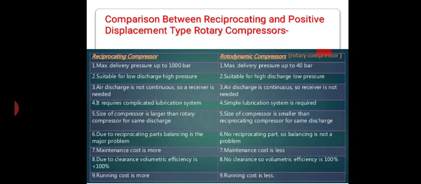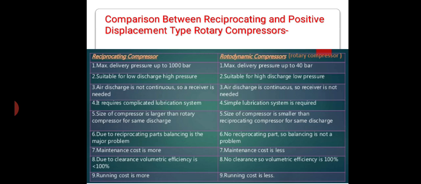Reciprocating compressors are suitable for low discharge and high pressure, and rotary compressors are suitable for high discharge and low pressure. Air discharge is not continuous, so a receiver is needed in the reciprocating compressor, but in the rotary compressor air discharge is continuous. This is the main advantage of the rotary compressor.